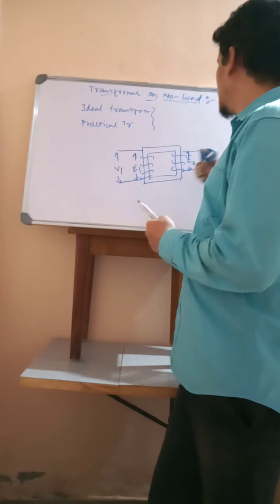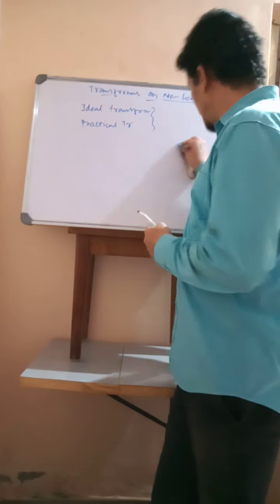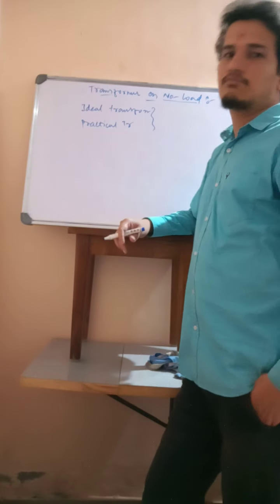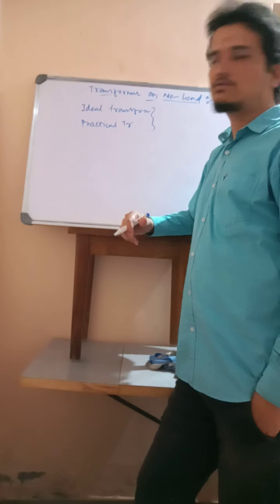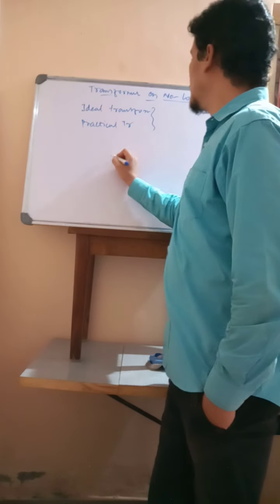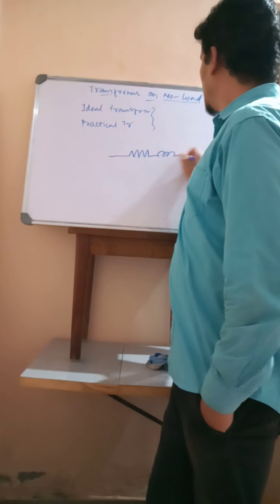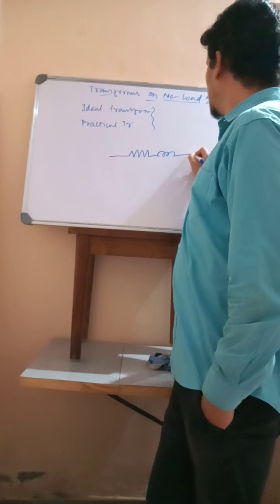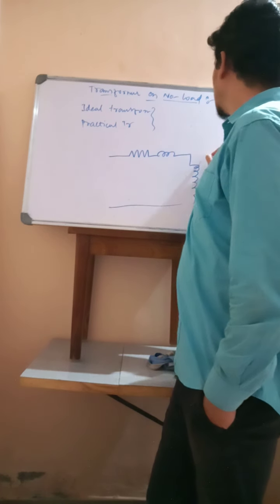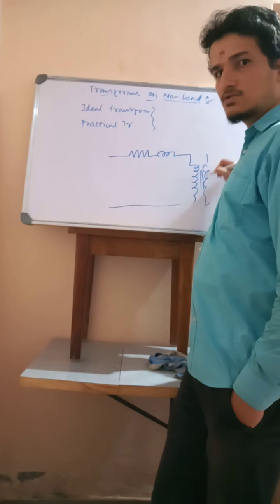What is a practical transformer? A practical transformer is one which has leakage flux, reactance and resistance, meaning it will have some copper loss and it will have losses. So how can I write it? I can write like this: resistance, inductance, and this is the winding. I am just writing a winding to represent it, and one more winding. If I write two lines like this, it is a cored transformer.